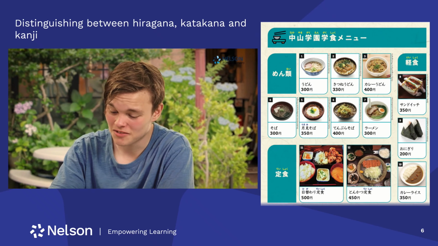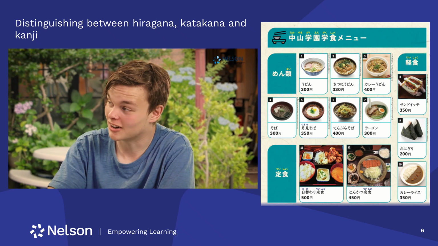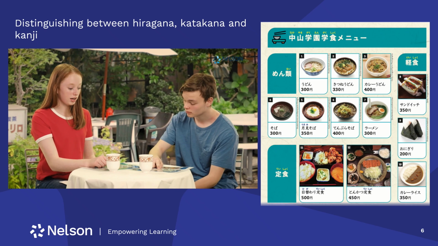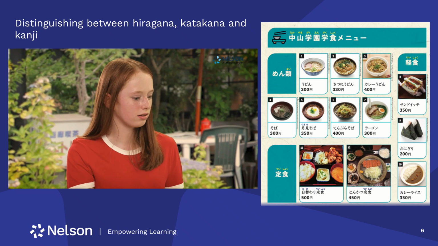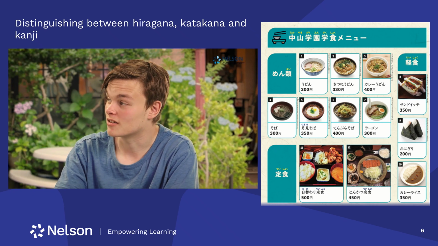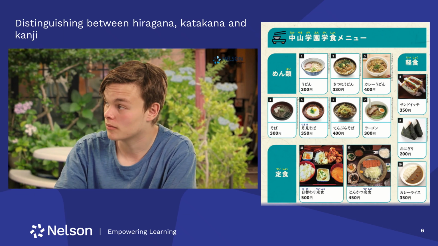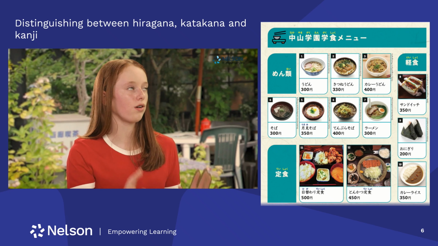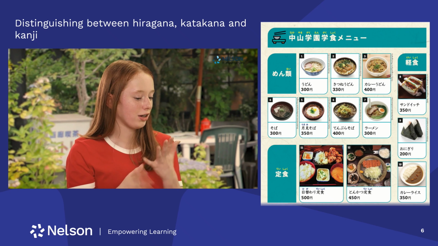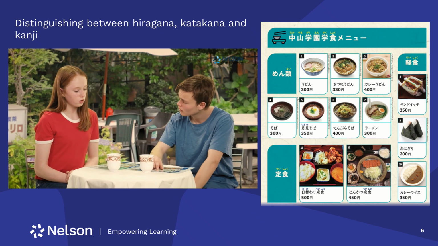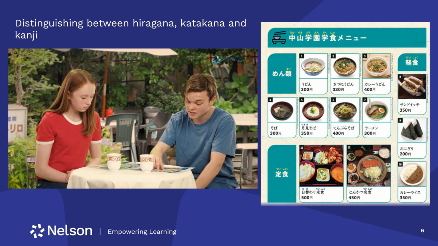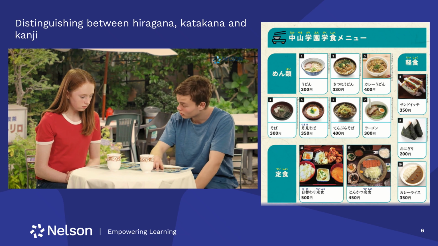Yeah, those first three characters are called katakana. Ah, katakana. They look different, straighter. That's how you can tell katakana from hiragana. So hiragana look round and curly, but katakana are more like straight lines with pointy bits. Yeah, so what does it say? It says kare udon.